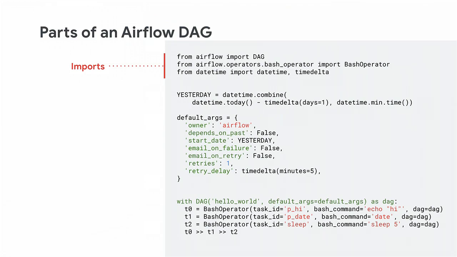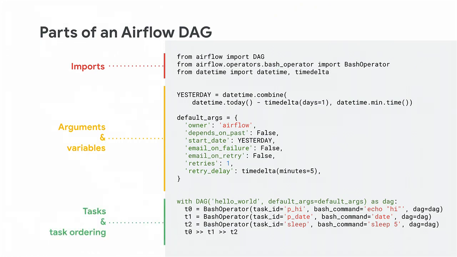In this case, we use the bash operator, but there are Python operators, and a lot of GCP operators, such as the BigQuery run query operator. So many different operators are there. Once you're done with the imports, you put all your orchestration or scheduling arguments there, like who the owner of this workflow is, how often you want to run, when you want to start the workflow, when you want to end it, and so on and so forth.